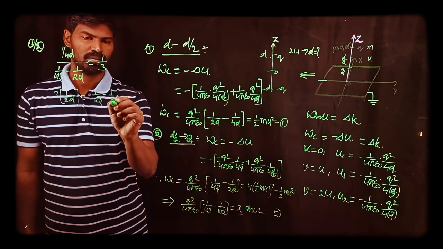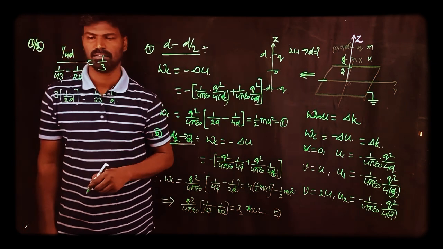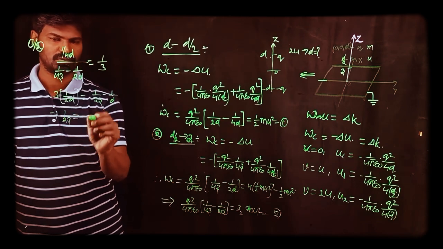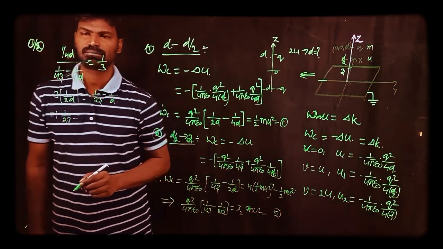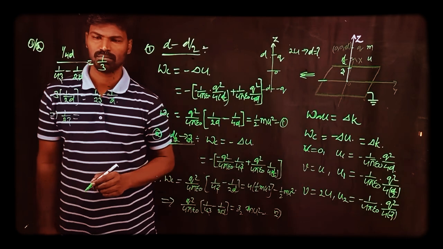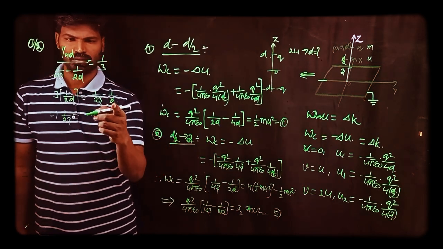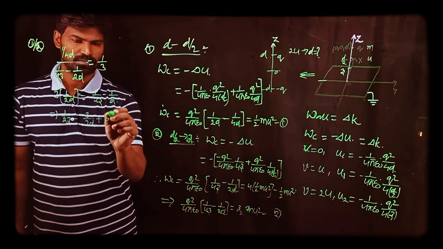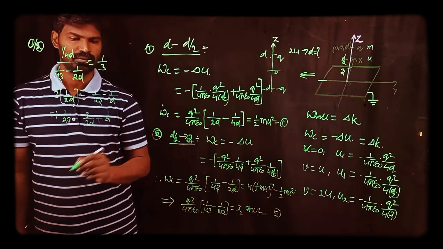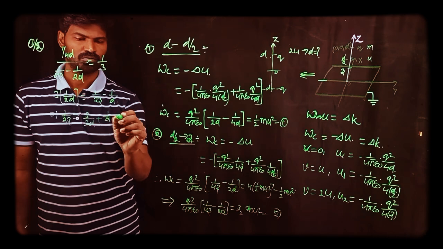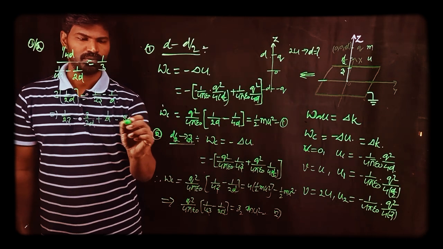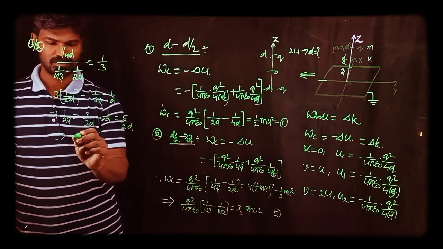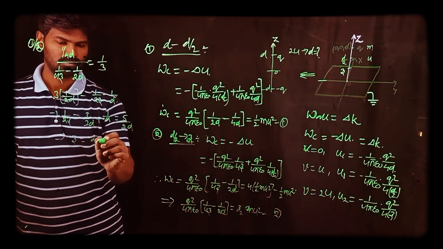Actually, I wanted to calculate z only. That implies 1 divided by 2z is equal to 3 divided by 2d plus 1 divided by d. This is 3 plus 2, 5 divided by 2d. In this the 2 gets cancelled. That implies z is equal to d divided by 5.